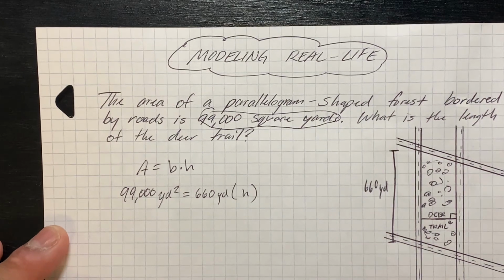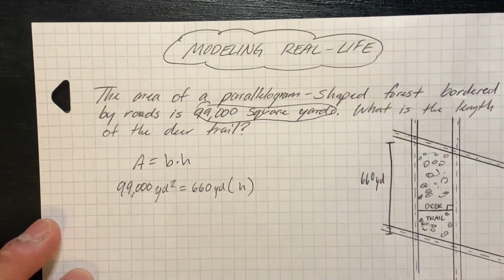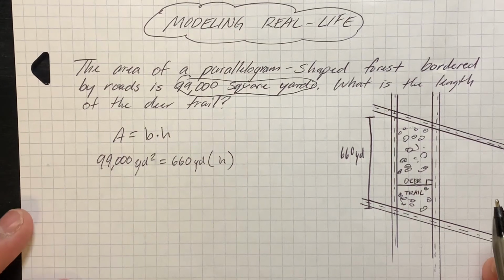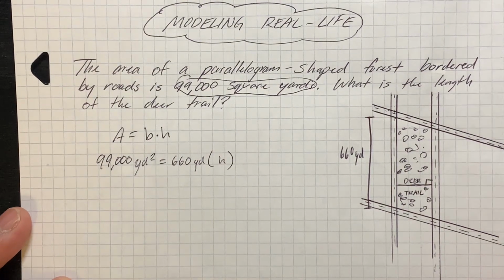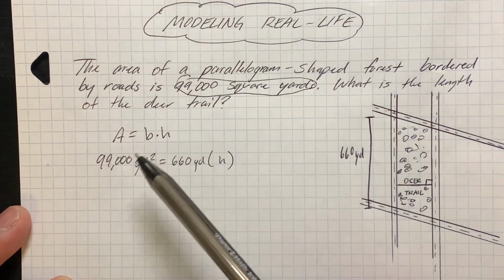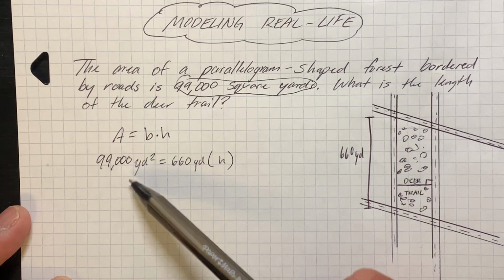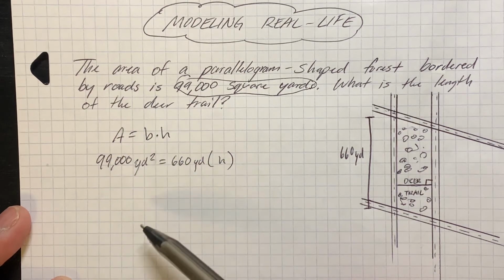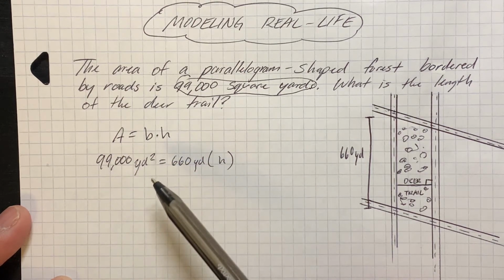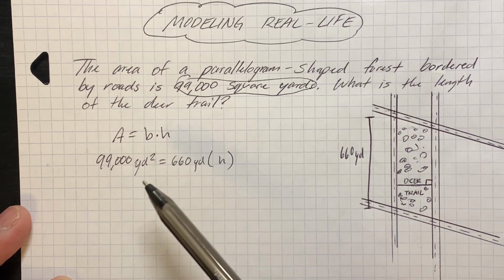Now, in order to do this, we're going to think back to our algebraic equations and how we solve that. We're going to use, of course, writing the formula for the area of a parallelogram, which we did. Substitute 99,000 for the area, and of course substitute 660 for the base.